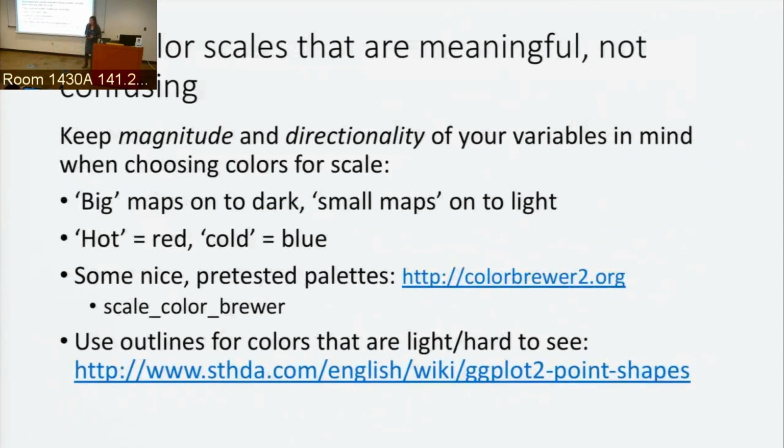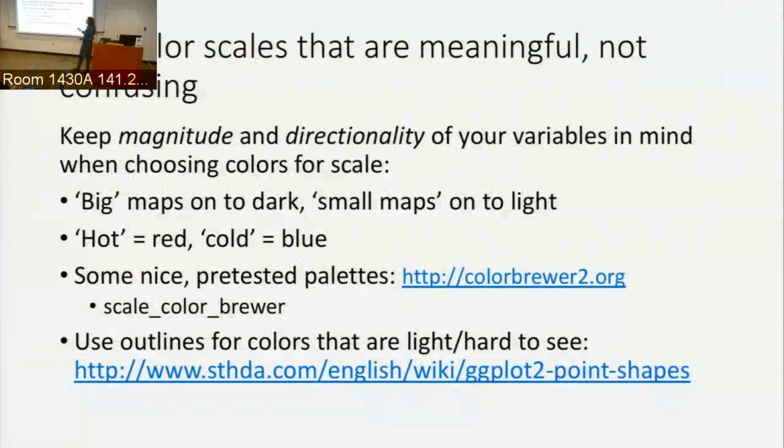I do want to talk a little bit about color scales. Like I said, we didn't really get to work a lot with continuous variables today, but this is a nice option to use some kind of gradient color scale. If you're talking about temperatures going from cold to hot, you might want to use a scale that goes from blue to red.